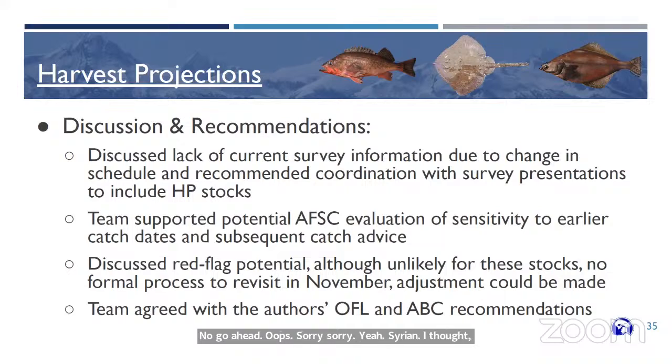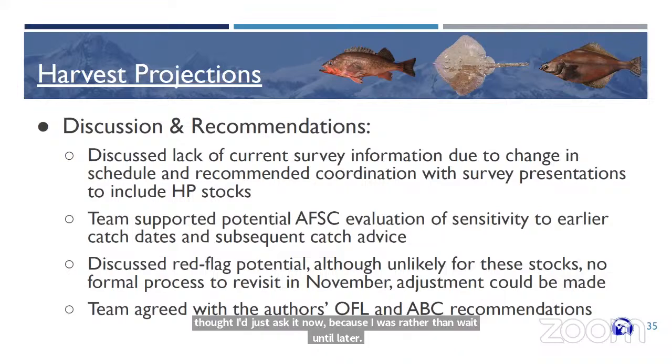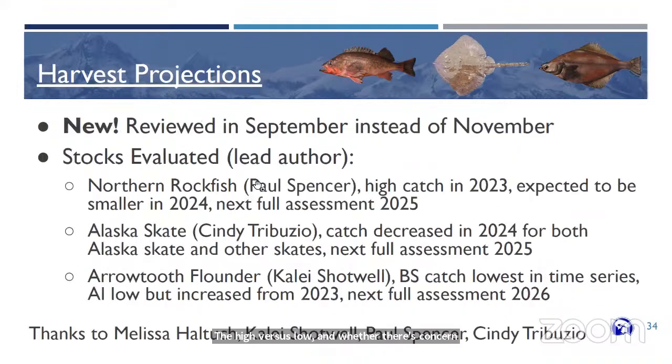I guess this is kind of a follow-up to Chris's, so I thought I'd just ask it now rather than wait until later. Regarding the high versus low and whether there's concern or not: the table of specs that you gave us shows that for 2023, arrowtooth flounder was at 49% of TAC, Northern rockfish were at 95%, and skates were at 94%.